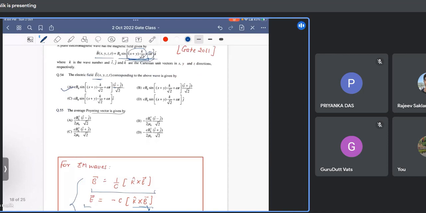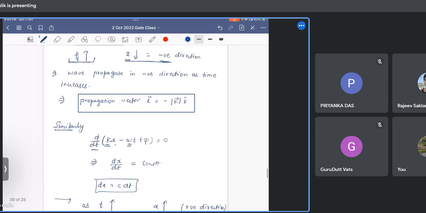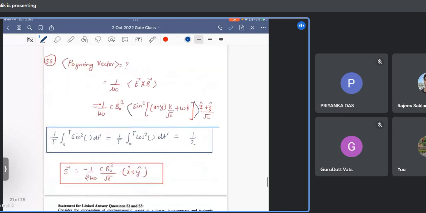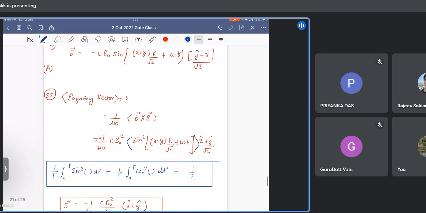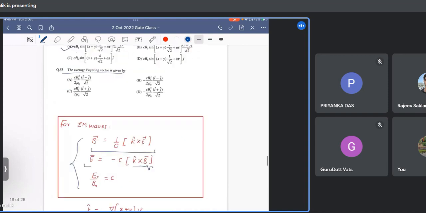Now we have to calculate the Poynting vector. We know our magnetic field, we know our electric field, so we can calculate the Poynting vector just by E cross B. Oh, it is given that we have to find the average value of the Poynting vector. I missed this in the question, I guess. Yes, we have to find the average value of the Poynting vector.